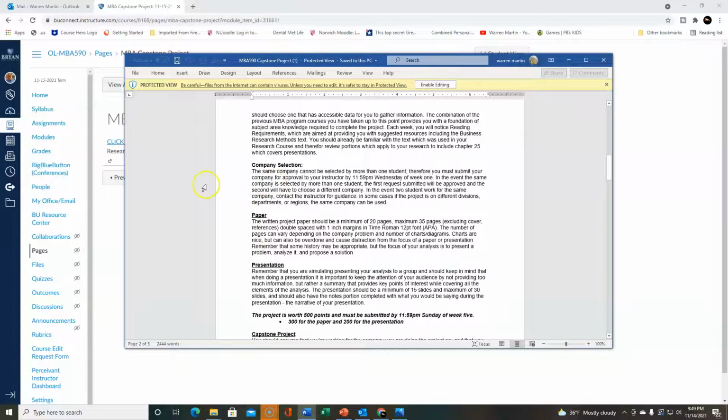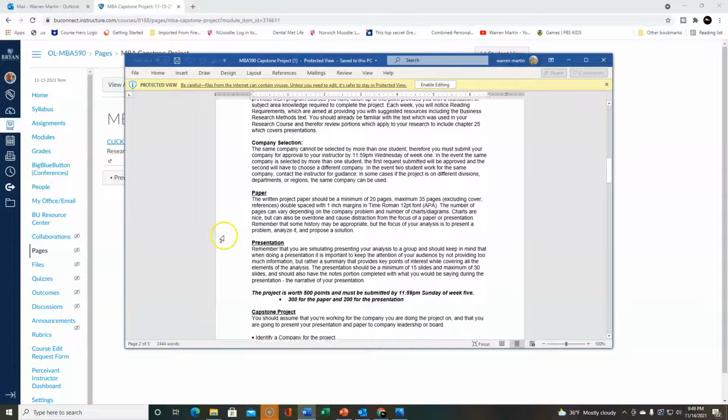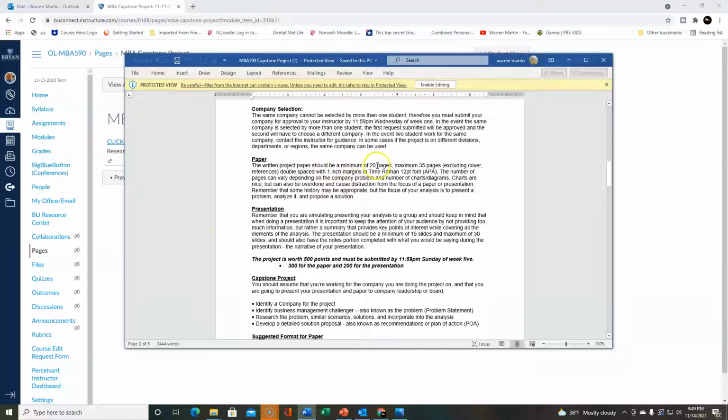Picking a company, you mentioned Walmart, since you have all the information, that's probably best. Minimum of about 20 pages, max 35. I'll tell you max 35 because I know you, and you would end up with probably 55 or something. You don't need to do that much work. And then you have a PowerPoint, which is about 15 slides.